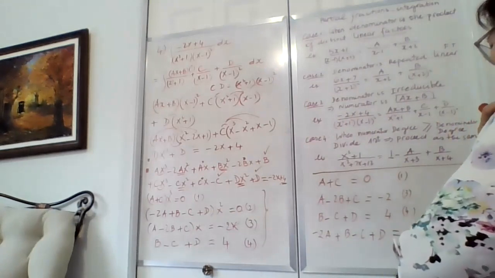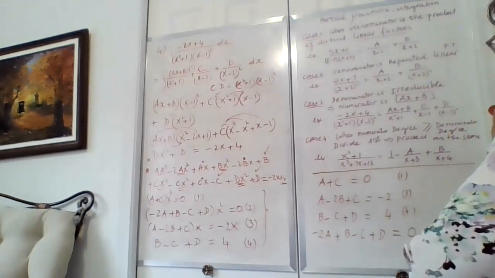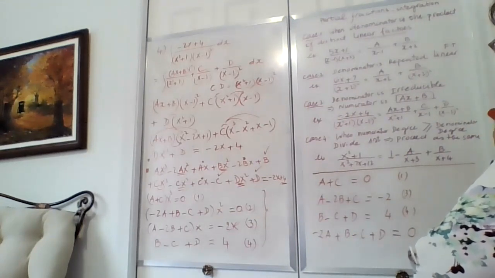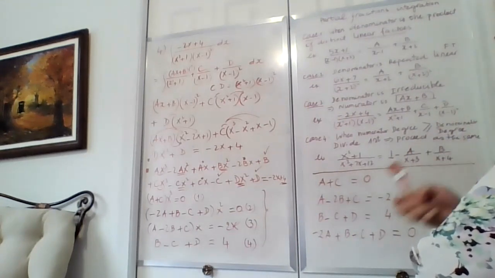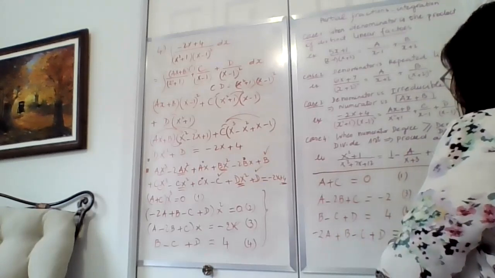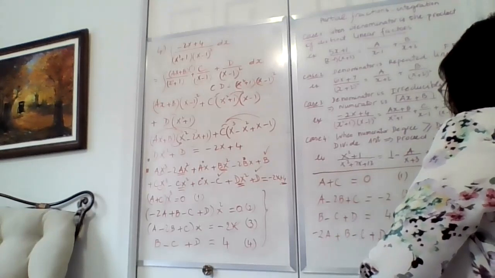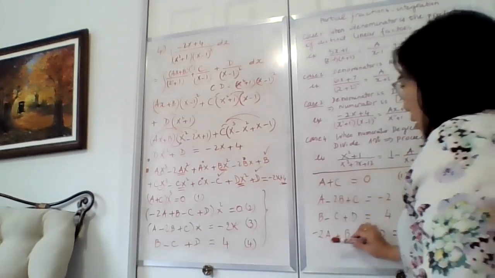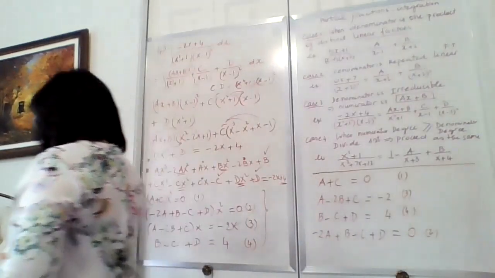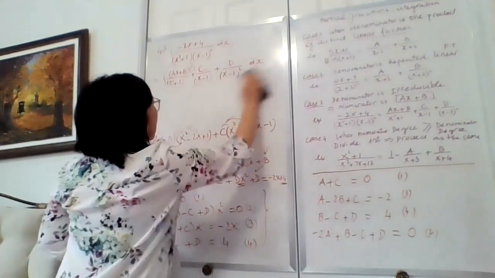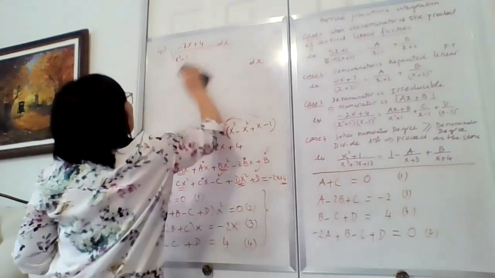So let's see what we can do. And that's equation 2. Let's see how we start first. So I'm going to focus on this, right? I'm going to have to erase the board again so that I can continue with it.